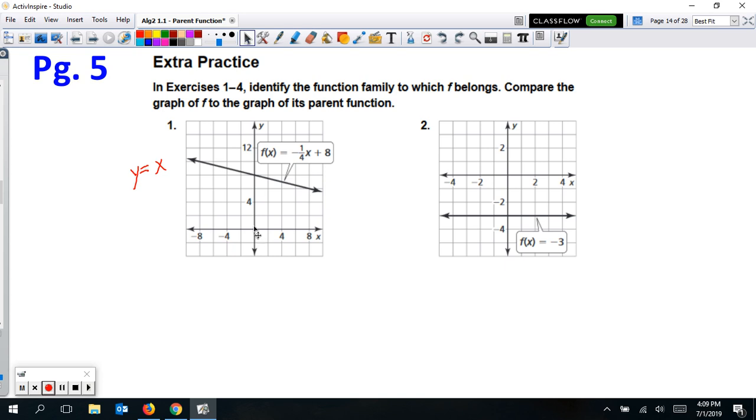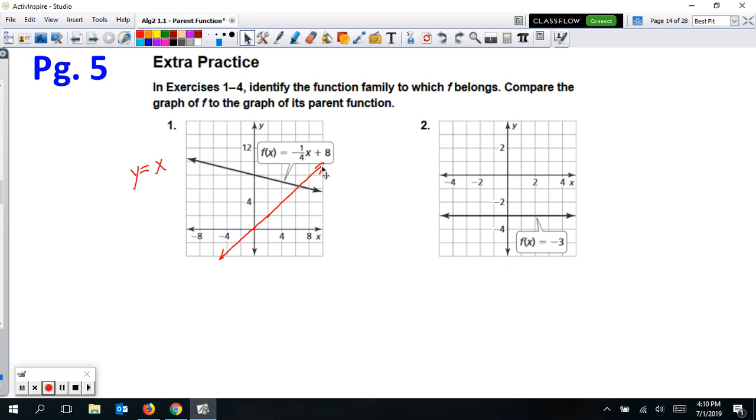And the slope is 1, so it's going to rise 1, run 1. So it's always going to be that line going through 1, 1, 2, 2, 3, 3, and so on. It's going to go through the origin, 1, 1, 2, 2, negative 1, negative 1. The x and y are the same. x equals y. So all the ordered pairs of this will always be the same. 1 and 1, 2 and 2, and so on.